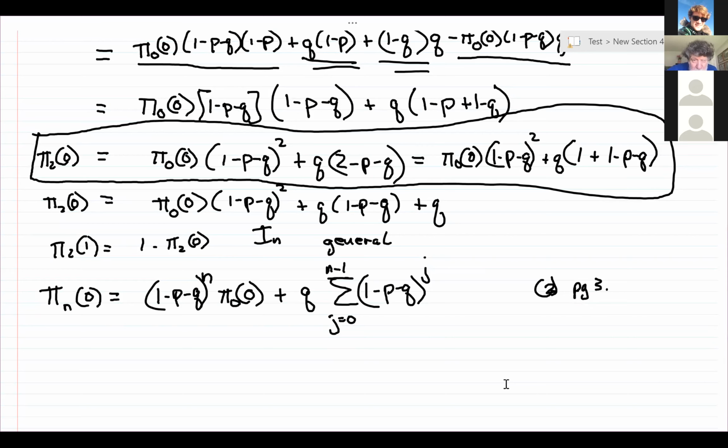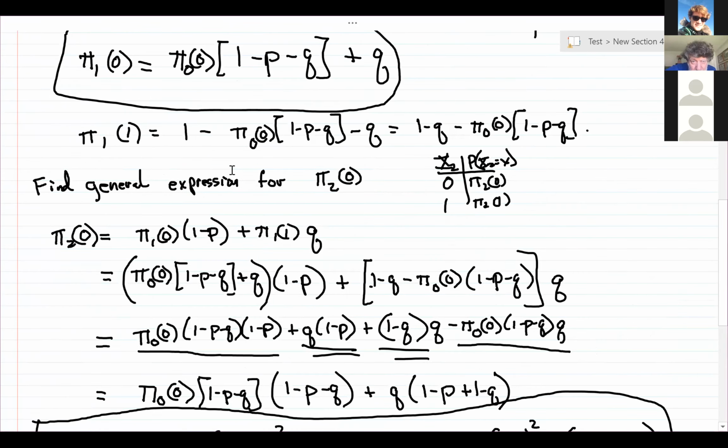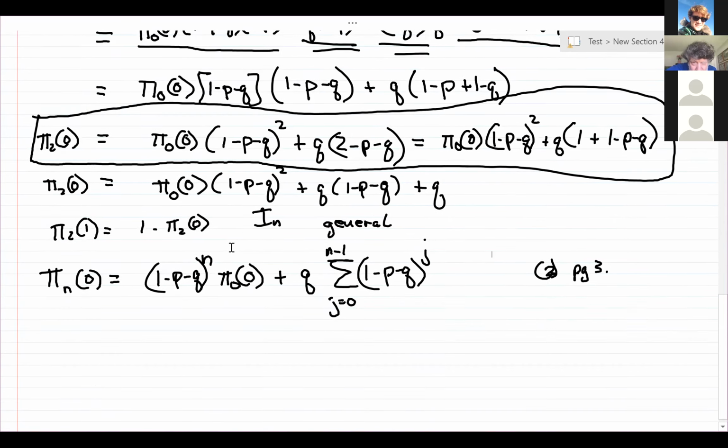The pattern is this term you'll always keep, pi 0,0, and it's always going to be (1 minus p minus q) to the nth power, where n is the day you're at. Here it's day 2. Up here it was day 1. So you're always going to have a term that looks like that.